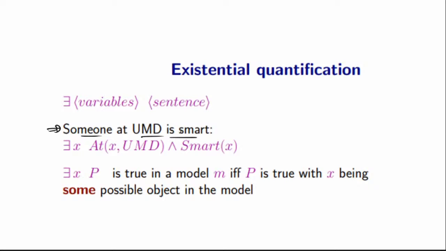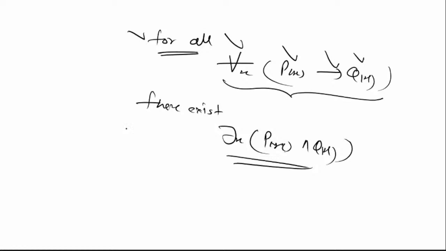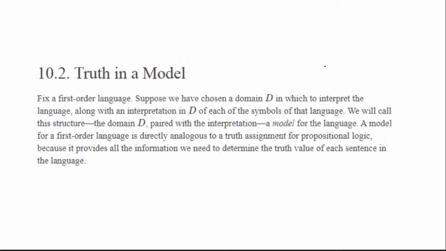There is at least one person X who is at UMD and who is smart. So that is the point, and that is why with exists, generally we use conjunction, and with for all, generally we use implication.